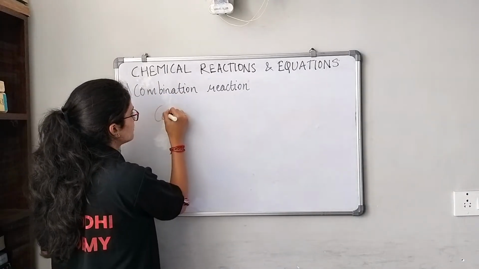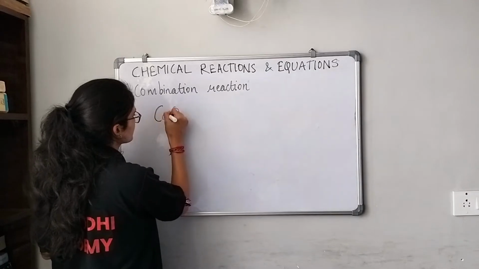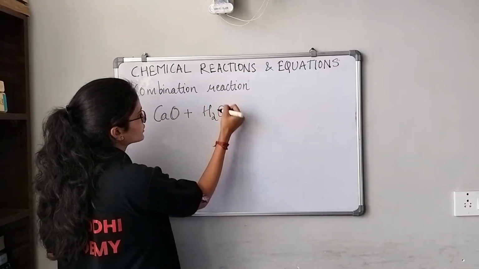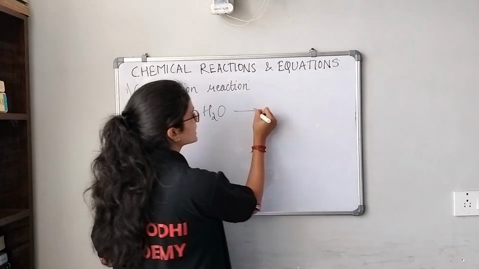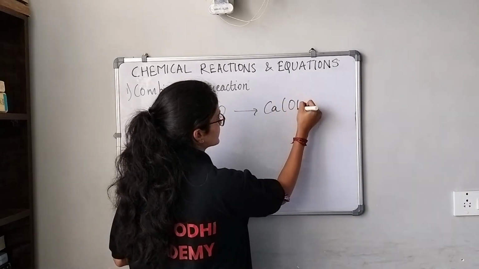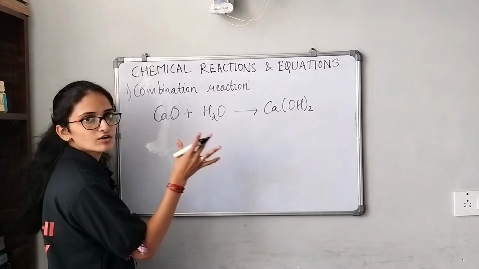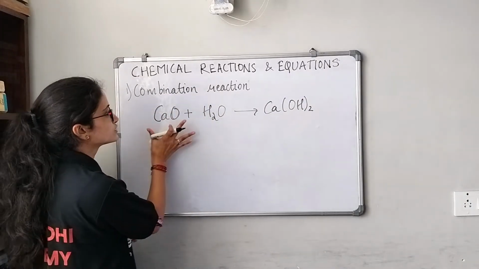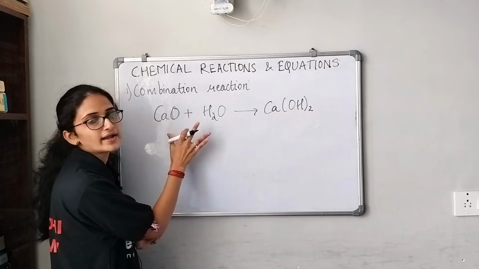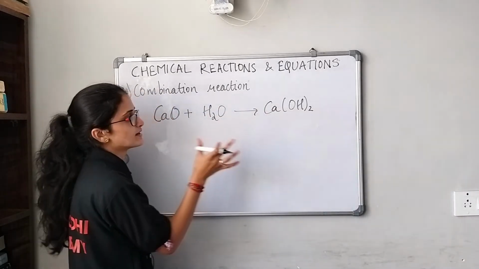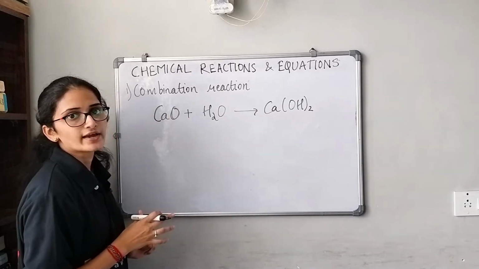If we take calcium oxide and combine it with water, we will get calcium hydroxide. So this is a combination reaction, meaning two reactants are combining to give only one single product.